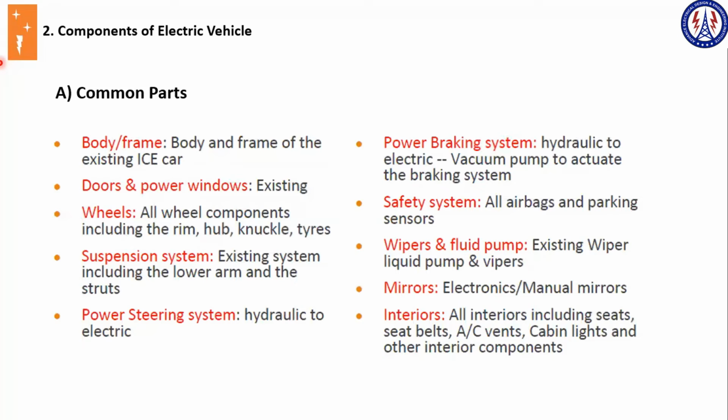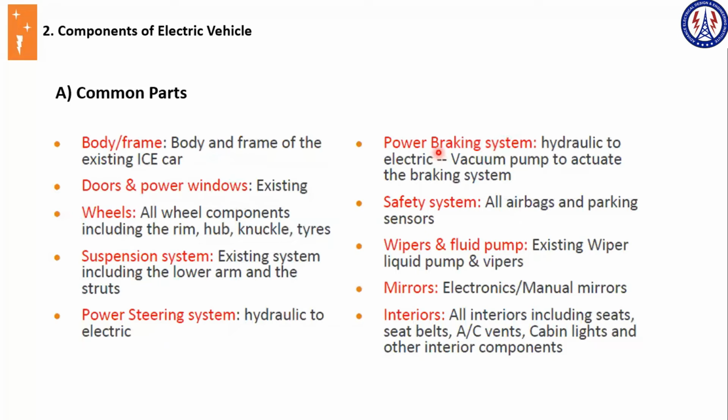The design might get improved, but the wheels are required for both the vehicles to run on the road. Then the suspension system, obviously required. Power steering system, yes, it's needed for both the vehicles. Maybe a different type, maybe hydraulic, because technology might be different, but the system in place is needed.